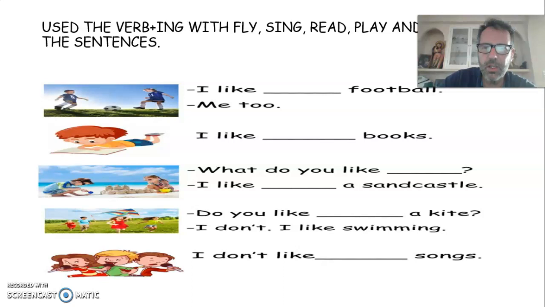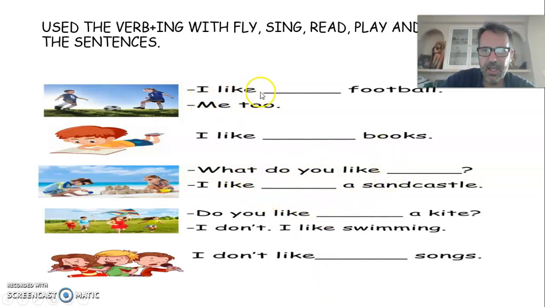Here we have 1, 2, 3, 4, and 5 with make. Oh, I'm sorry, fly. I like flying.